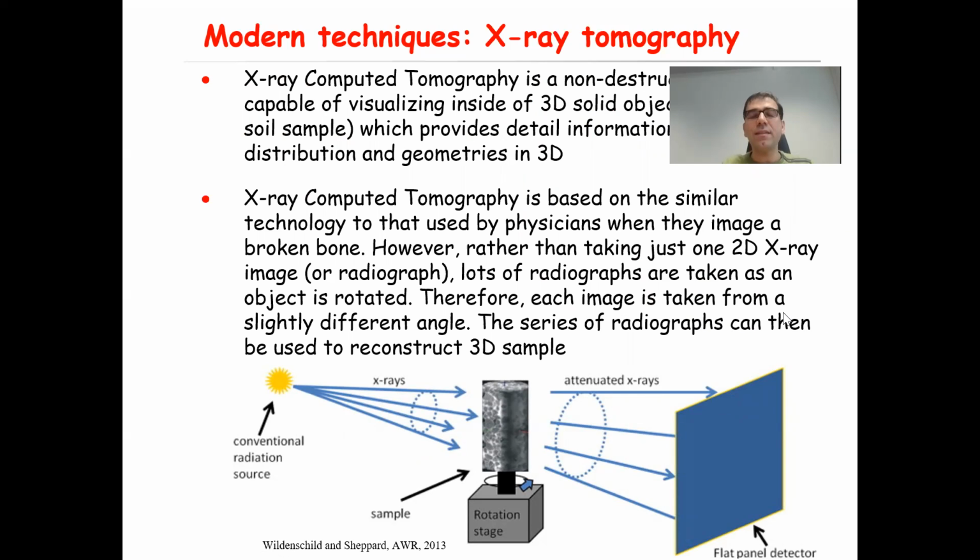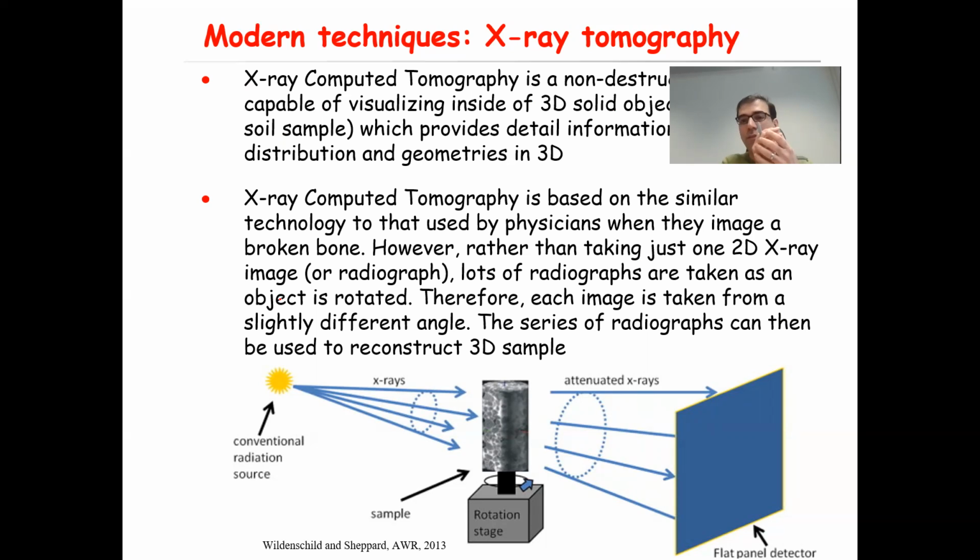And this is actually very similar. X-ray computed tomography is based on similar technology to that used by physicians when they image a broken bone. The only difference is that there they take only one 2D X-ray image, the so-called radiograph, but in our case lots of radiographs are taken as the object rotates.